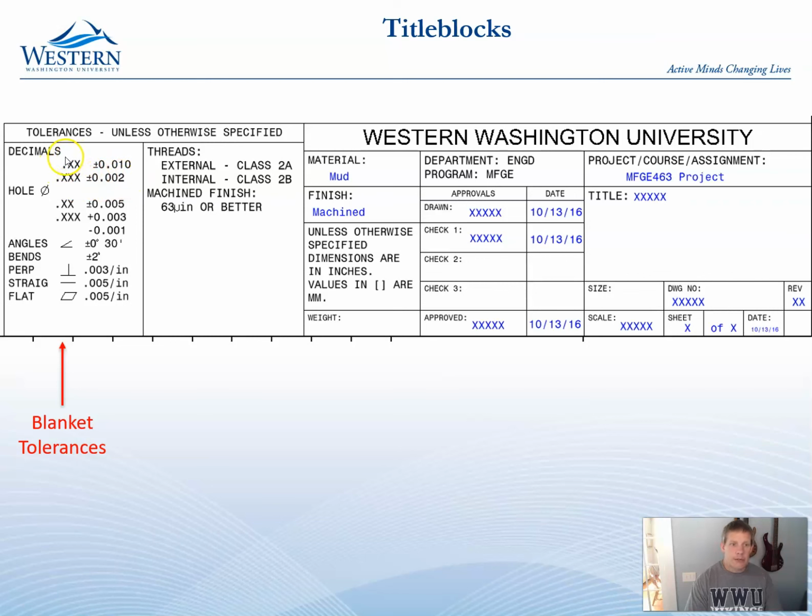What happens if you have a dimension with one decimal place? According to this blanket tolerance in the title block, that dimension has to have its own tolerance listed. If you want to, you can add a .X tolerance down here and say what the tolerance would be to cover all of those places, and often that would be a really good idea.